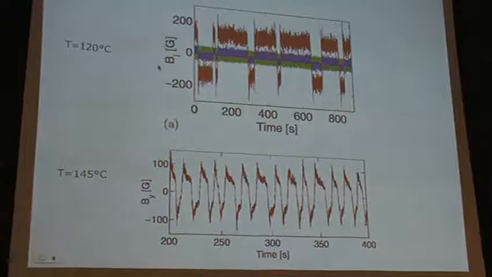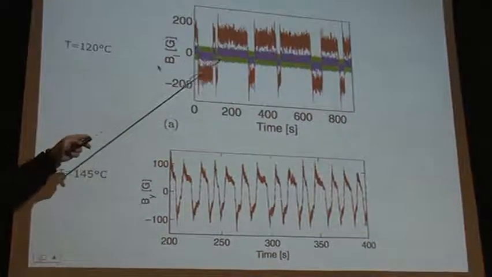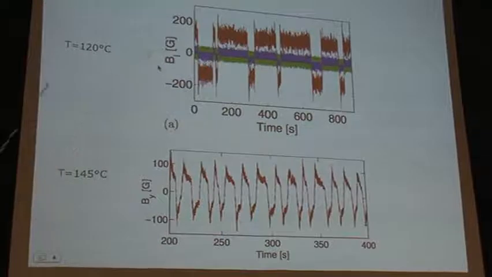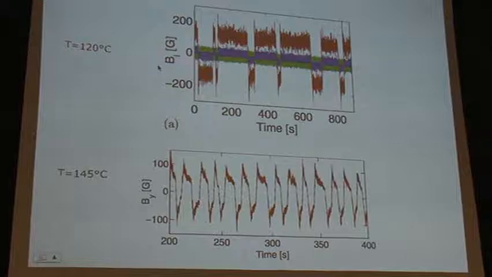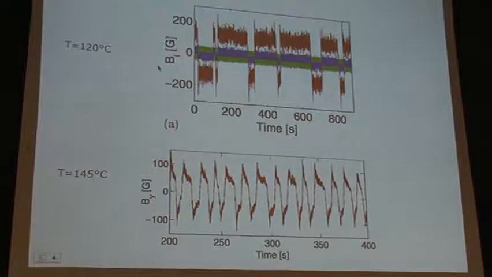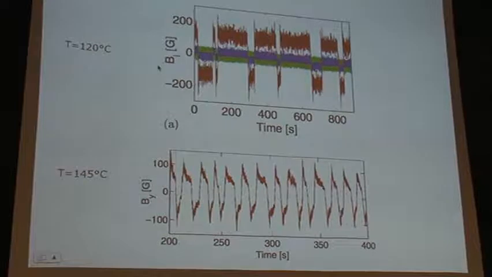One note about the reversals is that when you hit the point where you have those regular reversals, you change the temperature a bit. Remember, changing the temperature in this system is like changing the magnetic Reynolds number, because the conductivity is a function of temperature.